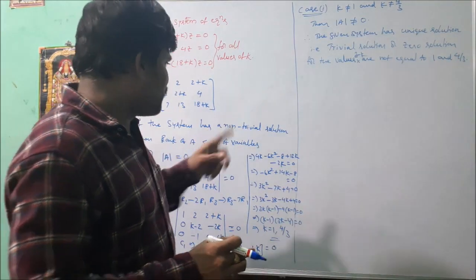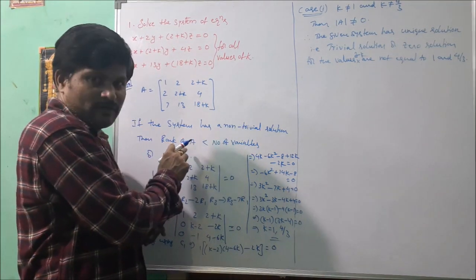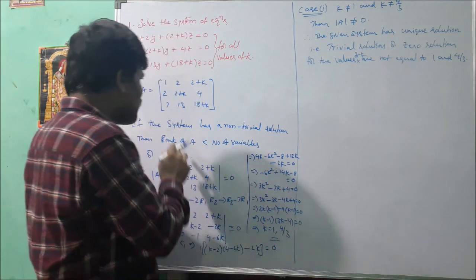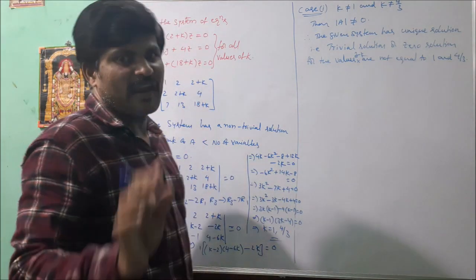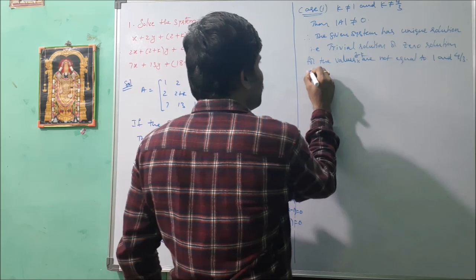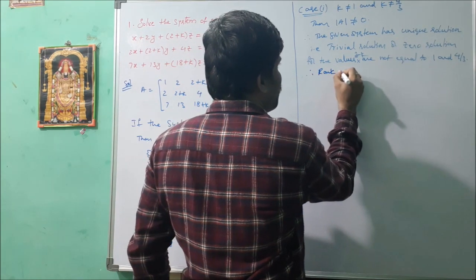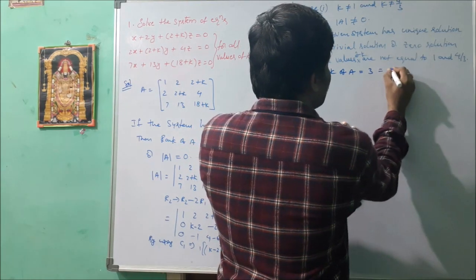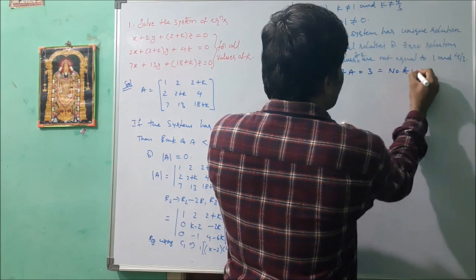Now here we also observe, depending upon rank, that since determinant of A is not equal to 0, the rank of the coefficient matrix is 3. So rank of A equals 3, which equals the number of unknowns.